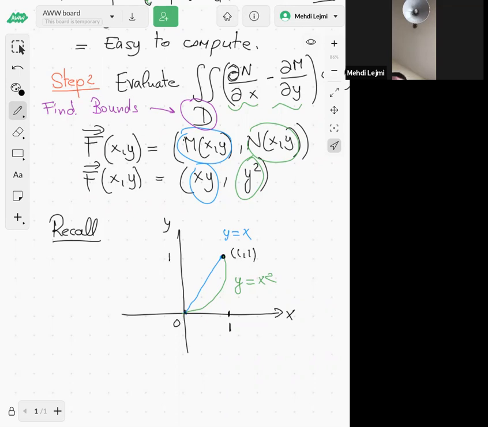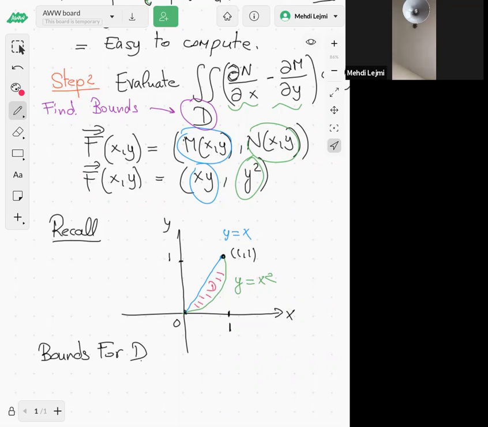All right, so what will be the bounds for D? This is just an elementary region, so you can find that. Here's your D.